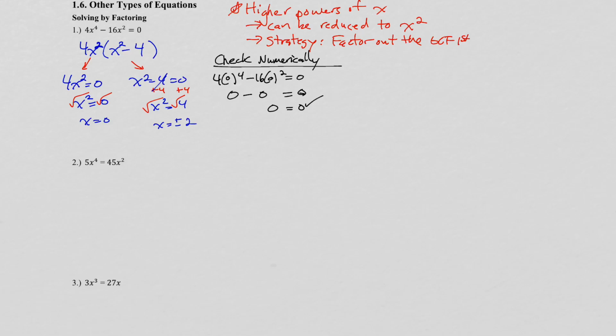What about x equals negative 2? So this is positive 16, and that's positive 4. So that looks like it's the same thing, right? 4 times 16 minus 16 times 4. So basically, doesn't matter what those numbers are, it's going to be 0. It's the same thing.